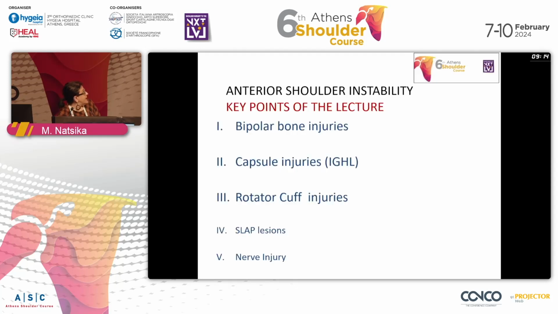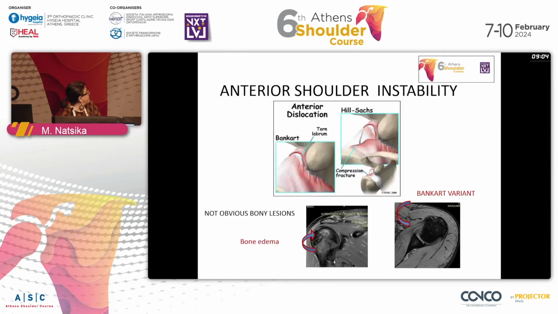I will state these 5 key points: the bipolar injuries, the capsule injuries, the rotator cuff injuries, the SLAP lesions, and the nerve injury. About the bipolar injuries, as we know, we have these 2 bony lesions, the Hill-Sachs, but sometimes we cannot see it.